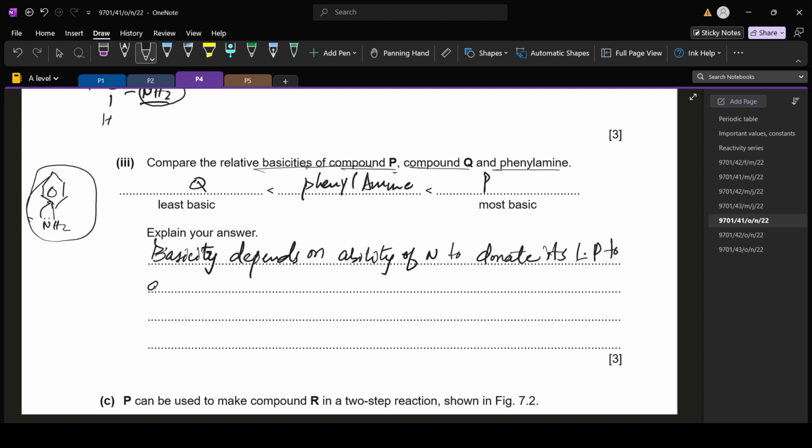Okay, so now in phenylamine, the lone pair is delocalized into the ring.